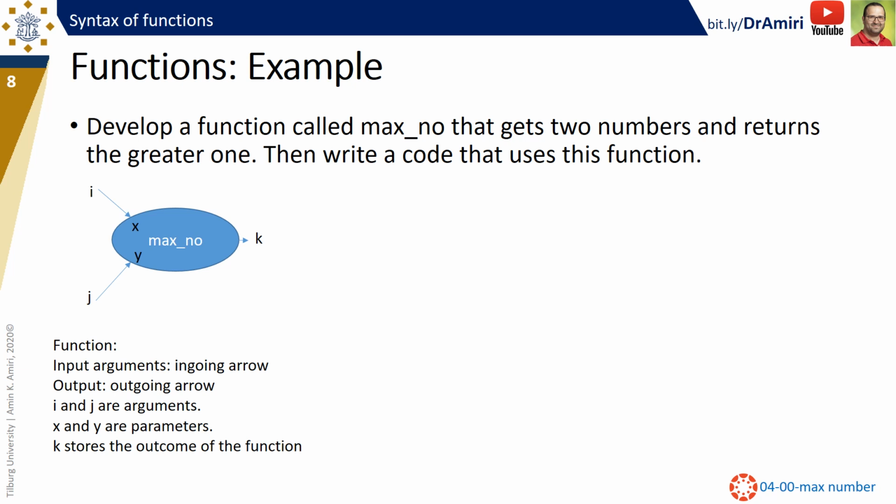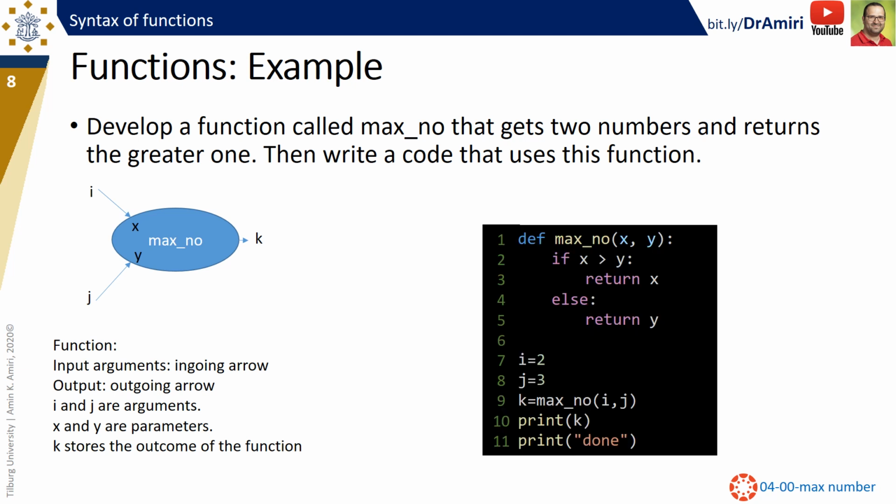As you can see here, this function gets two numbers, x and y are called parameters, while i and j are called arguments. The result of the function is also stored in k. This is how we write a function.